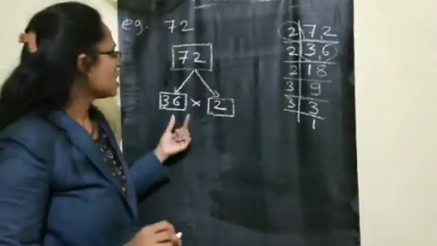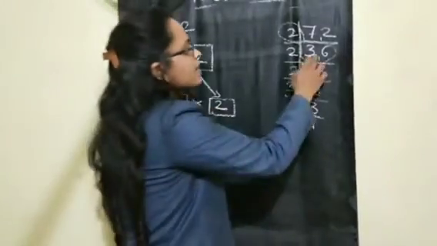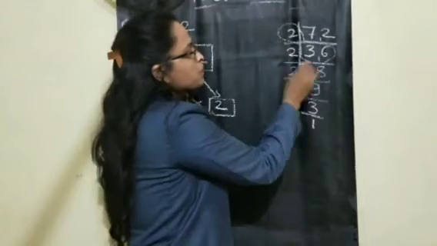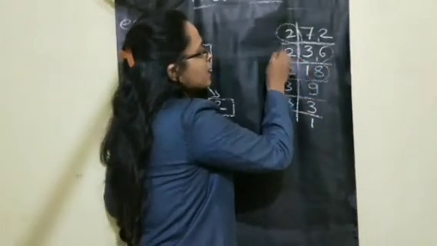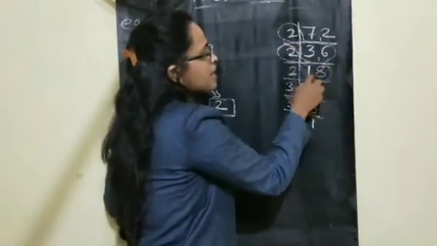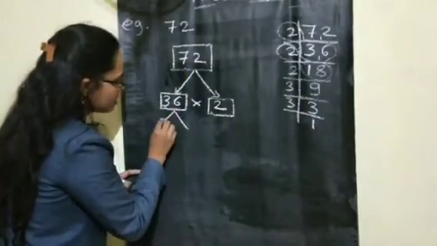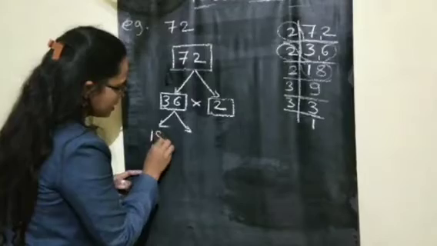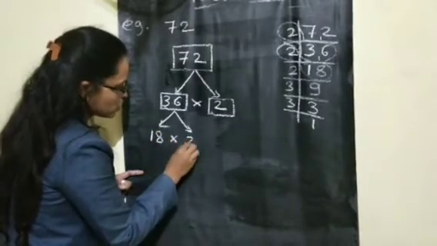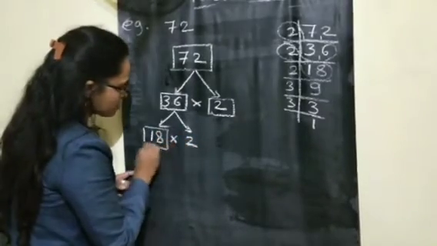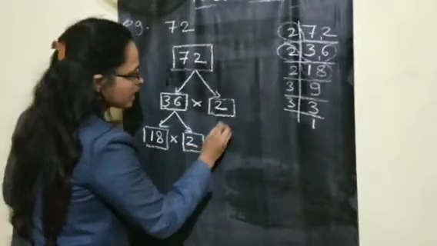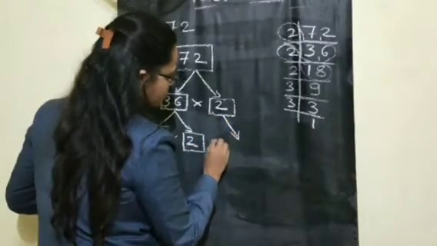Now again 36, how can we get it? 18 multiplied by 2. So 36 we can split again in the form of 18 multiplied by 2. Write properly in the box, and this continues as it is.